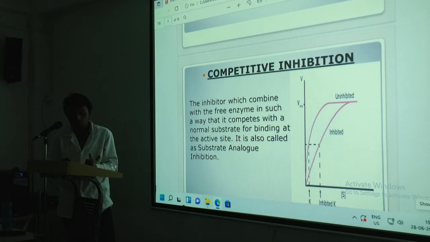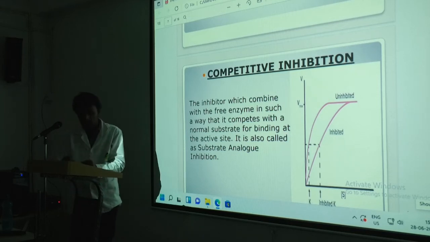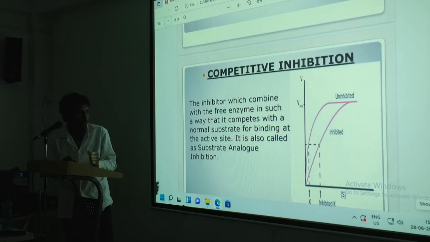There is a 50% chance that 50% of the enzyme molecules bind to the inhibitor, and only half of the enzyme molecules bind to the substrate.